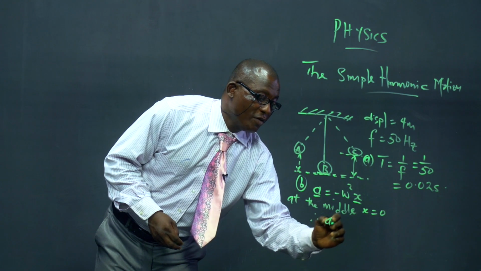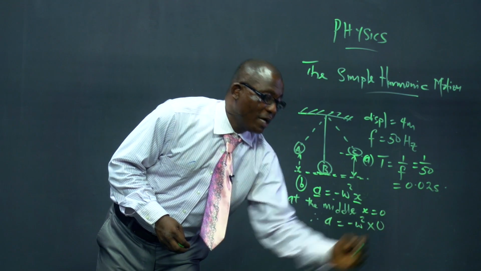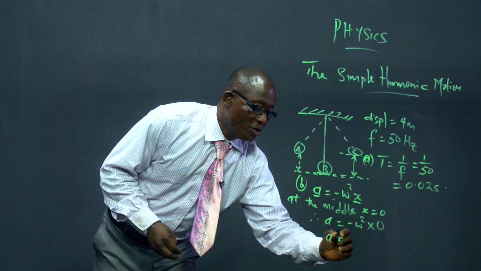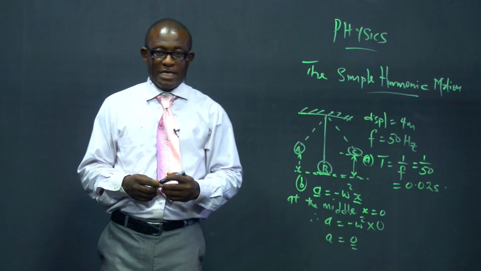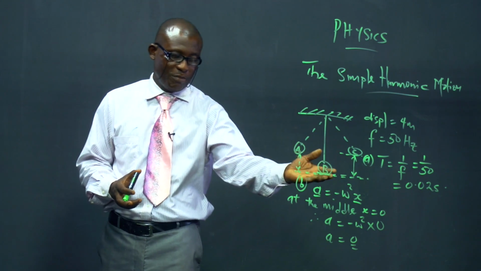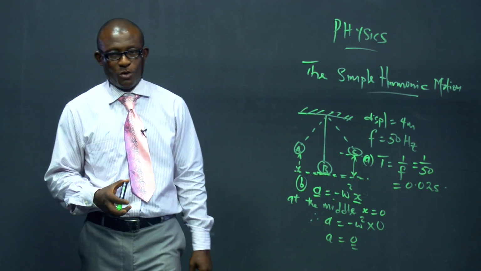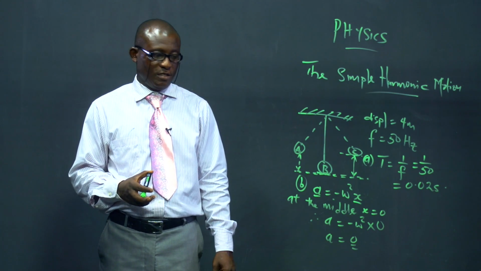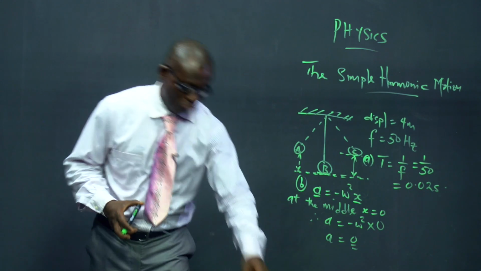Therefore, acceleration is minus omega squared multiplied by 0. The acceleration at the middle is 0. There is no acceleration at the middle because there is no displacement. What about at the end?